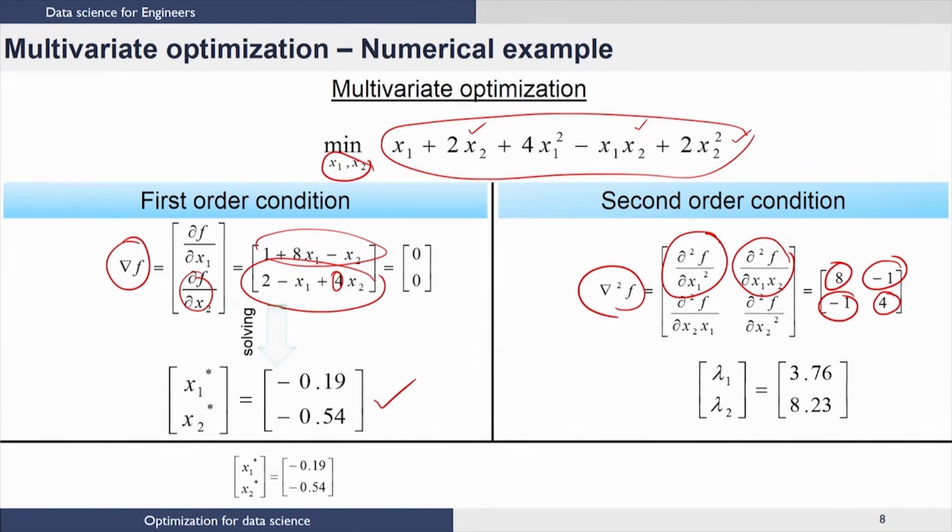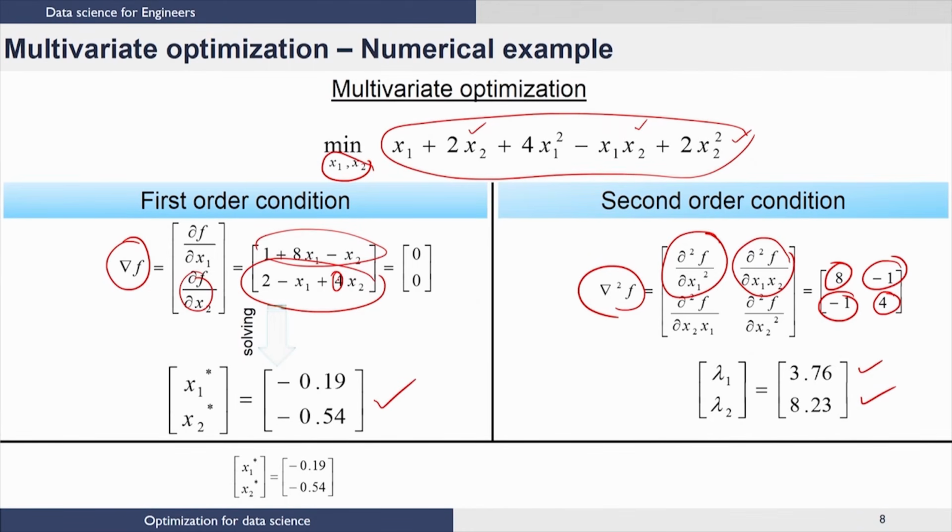So, I have this. Now, what I need to do is compute the eigenvalues for this, and when I compute the eigenvalues, I find the eigenvalues to be both positive. That means that this is a minimum point. Now, when we look at this equation here, there are two equations in two variables and both are linear equations.